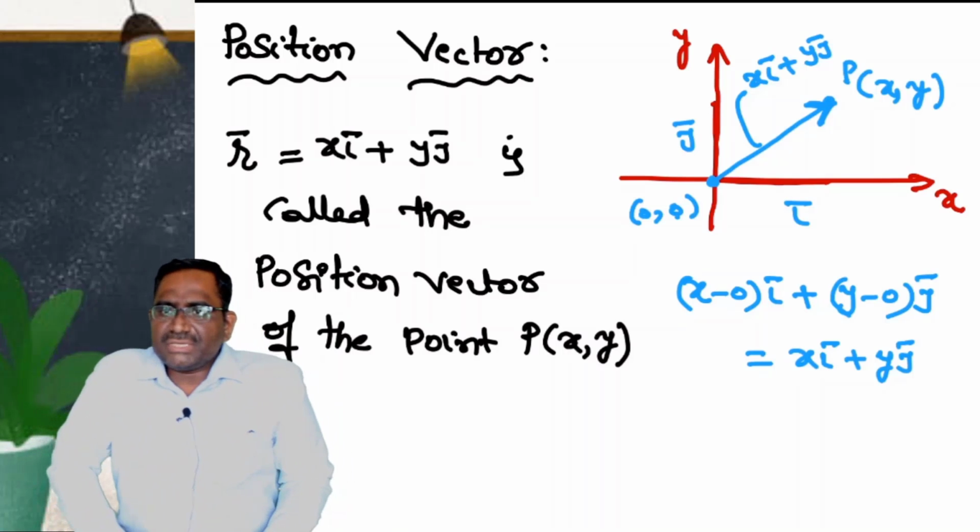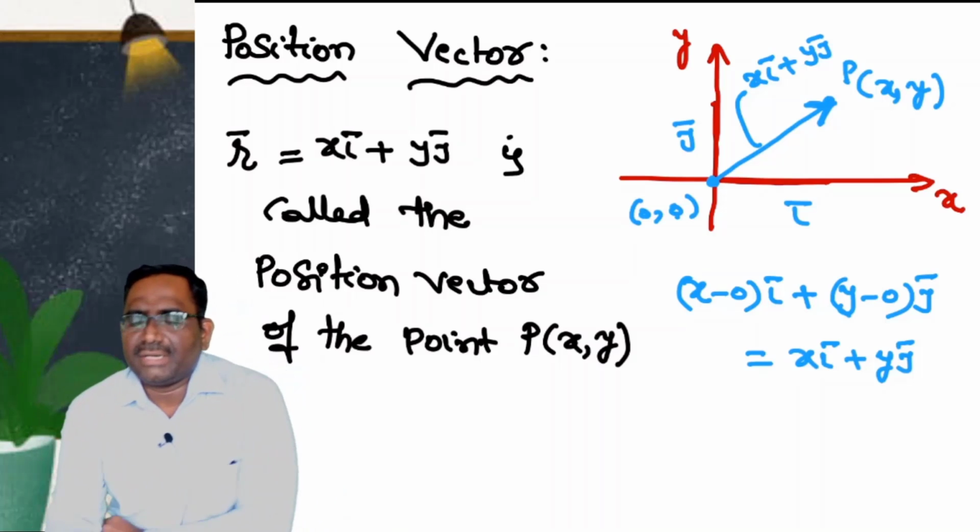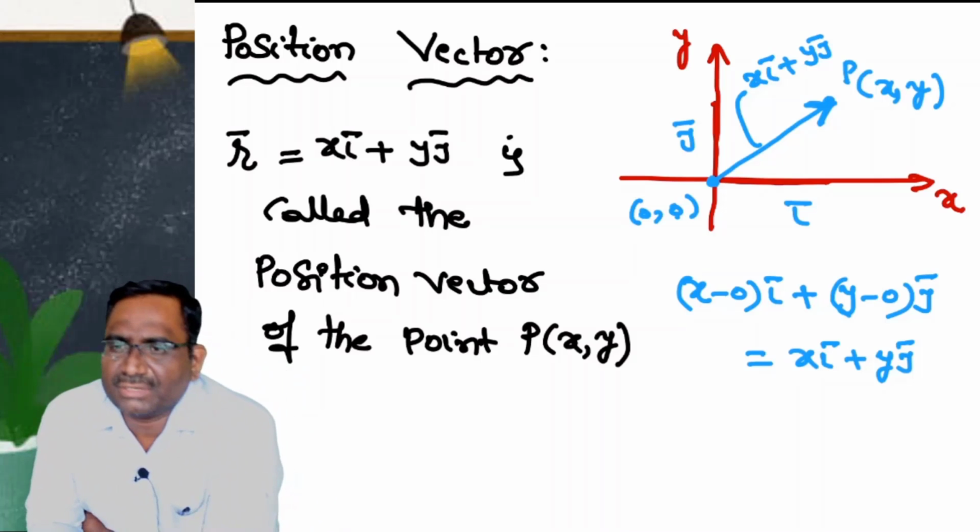So r bar is equal to x i bar plus y j bar, and it is called the position vector of the point.